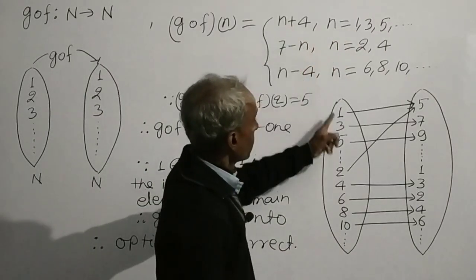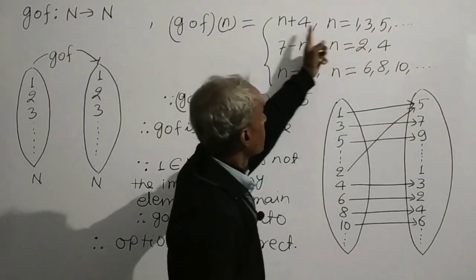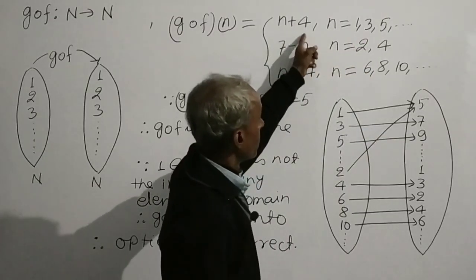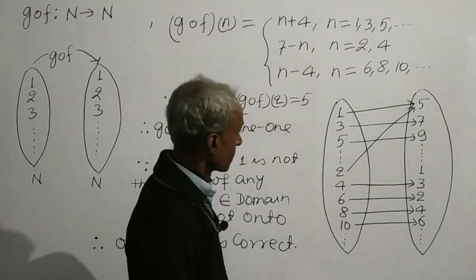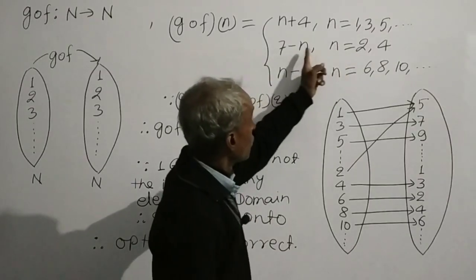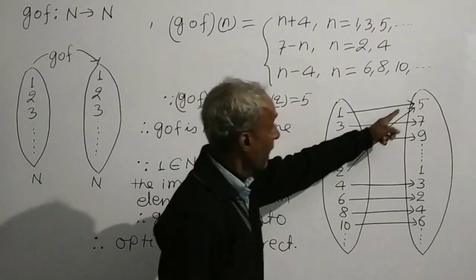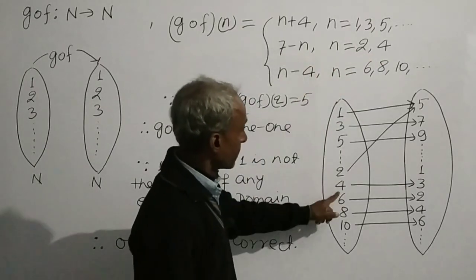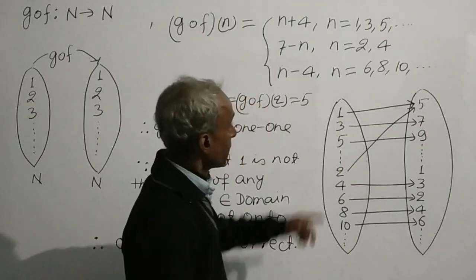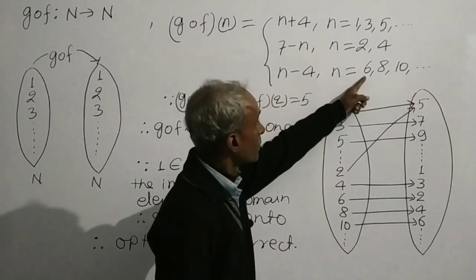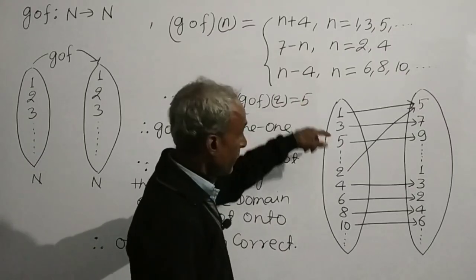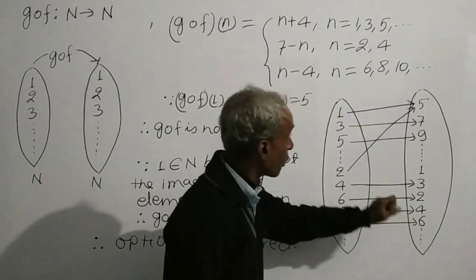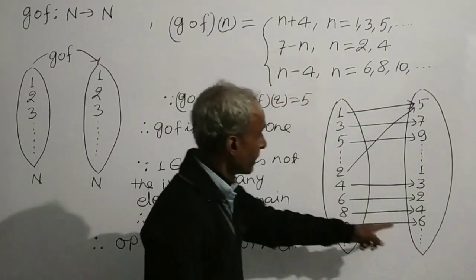Image of 1 is 5, image of 3 is 7, image of 5 is 9, image of 2 is 5, image of 4 is 3, image of 6 is 2, image of 8 is 4, image of 10 is 6.